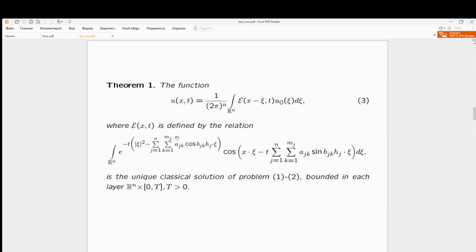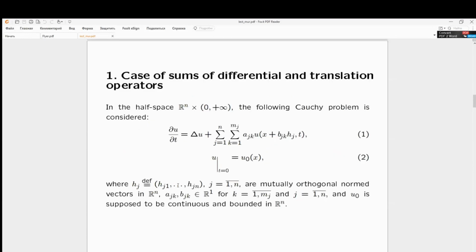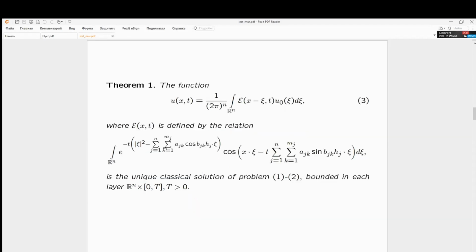The function 3, where the function E calligraphic is defined by this relation, is the unique classical solution of problem 1, 2 bounded in each such layer. So this is the solution of this problem, bounded in each such layer.